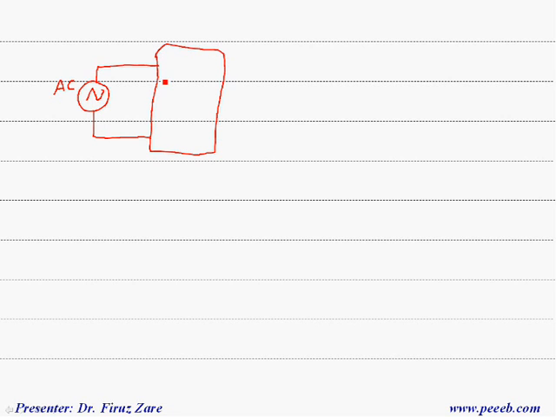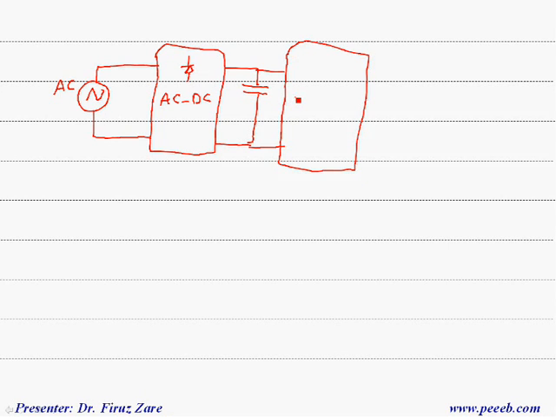One possibility is an AC-DC converter based on a diode rectifier. That means the output voltage is unregulated, and if we use a capacitor here, then we get DC voltage, and then we can connect it to another power converter, which is basically DC to AC.